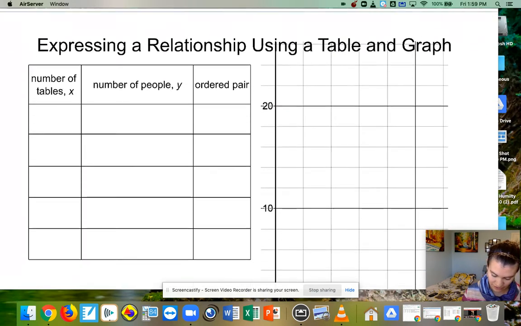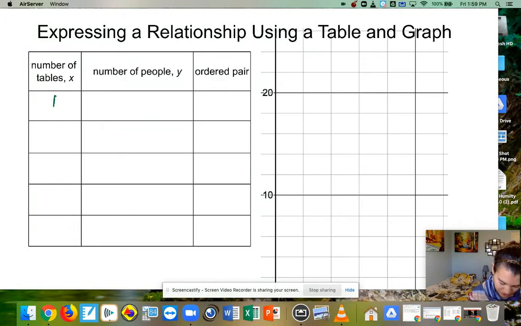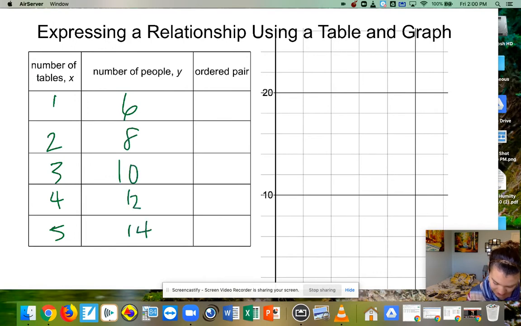So if we write that out and then graph it, we had 1, 2, 3, 4, 5 tables with 6, 8, 10, 12, and 14 people at each table. So we're going to write those in ordered pairs. What an ordered pair means is just listing two things in parentheses. So like (1, 6). Here, the 1 came from there, and the 6 comes from right here.